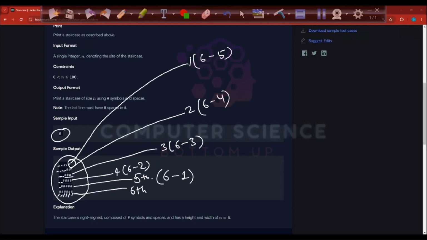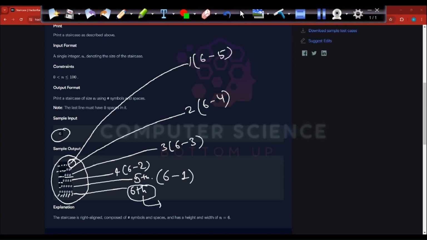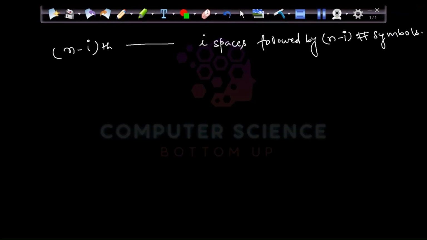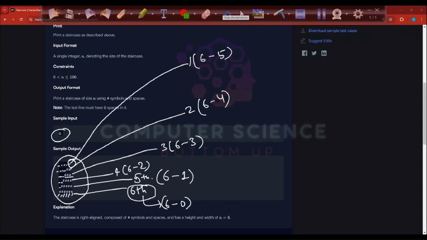Look here, this is the 6th level. What is n? n is 6, 6 minus 0. So how many spaces are there? 0 spaces, followed by n hash symbols. n here is 6, so there are 6 hash symbols.